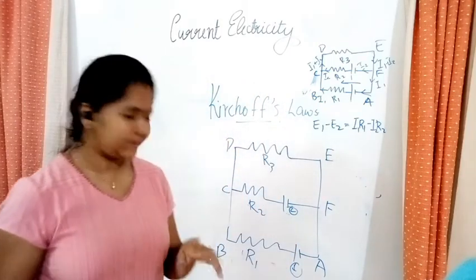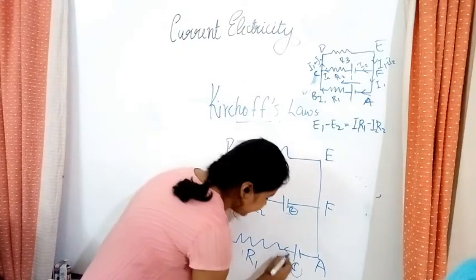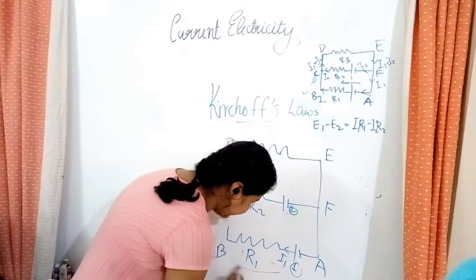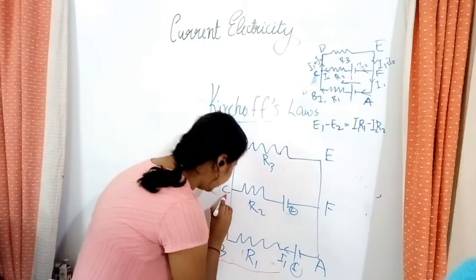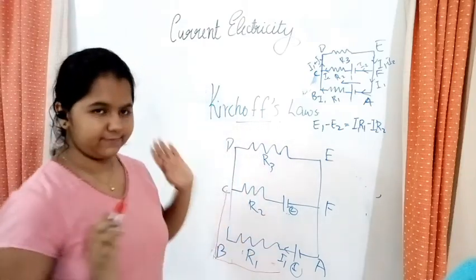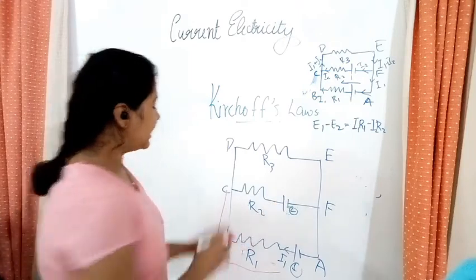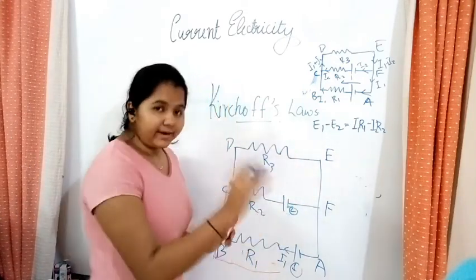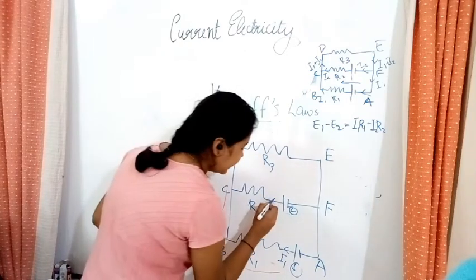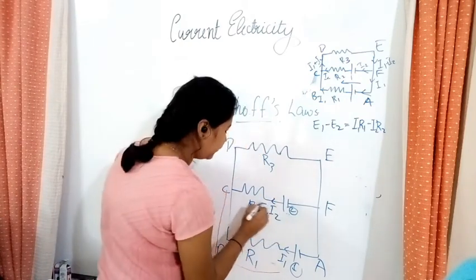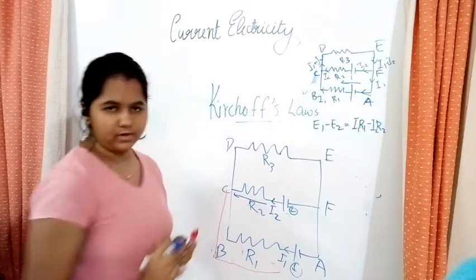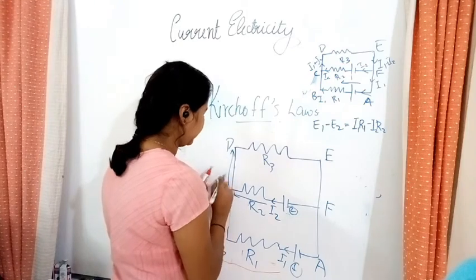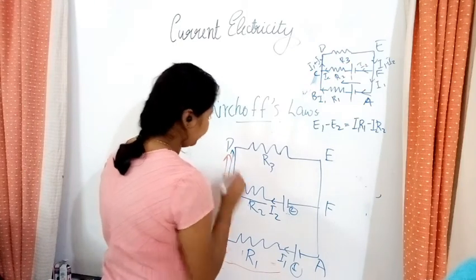The current flowing from cell number 1 is taken as I1. This current will flow from here till here. Now there is a junction, or a meeting point. The current from cell 2 is taken as I2, and I2 will also come till here. Both these currents will add up and move in this direction.